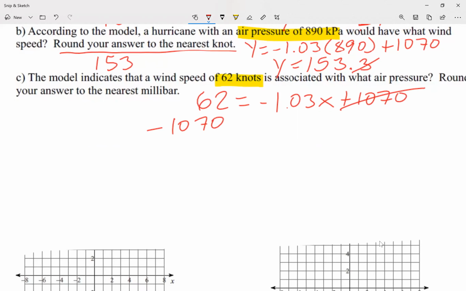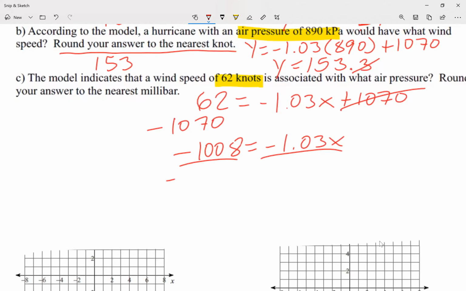So that gives me negative 1008 is equal to negative 1.03x. To get the x by itself, let me divide both sides by negative 1.03. Good thing on the left, negative divided by negative is positive. 1008 divided by 1.03, I get 978.6.